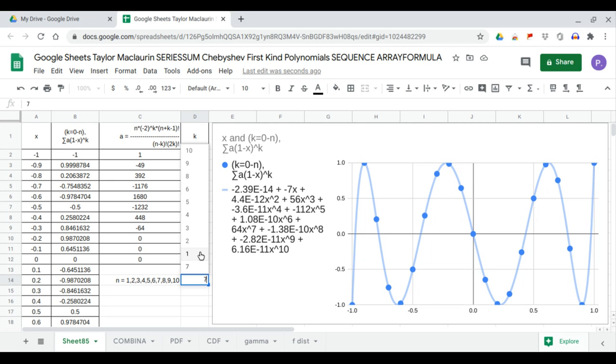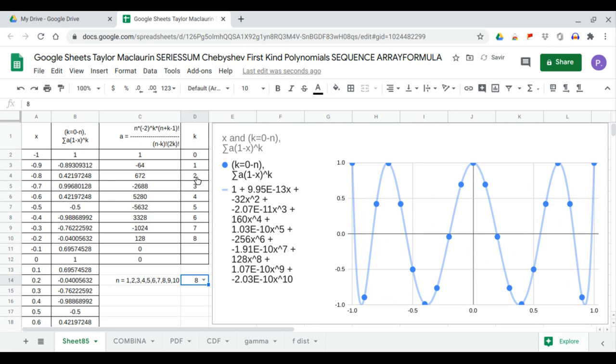And that's it. At n equals 8, y equals 1 minus 32x squared plus 160x to the 4th minus 256x to the 6th plus 128x to the 8th.